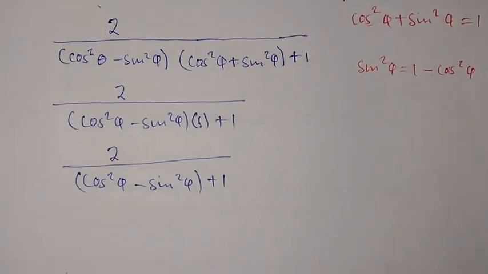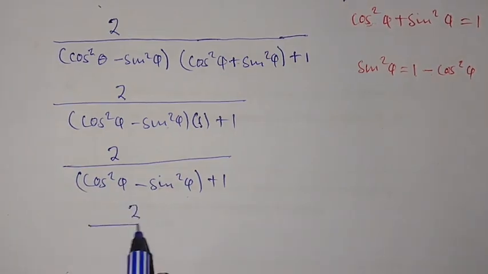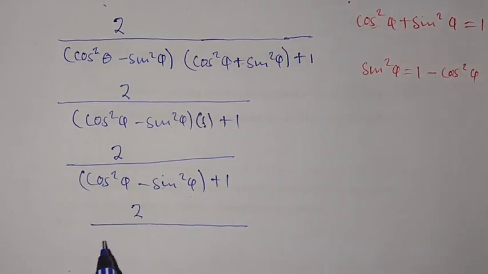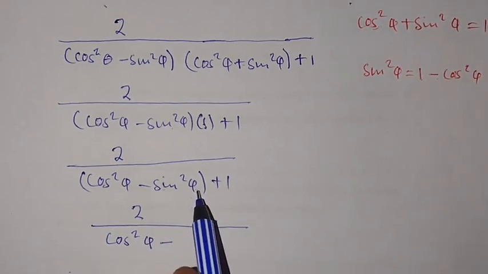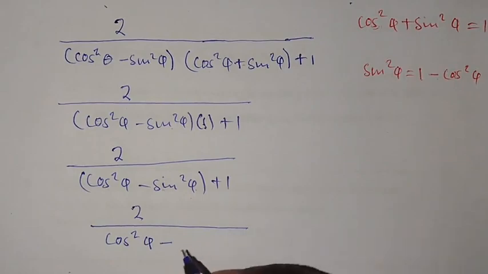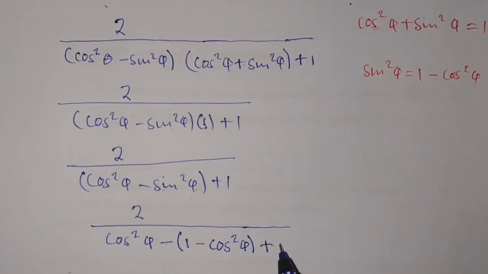So let's do it. We have 2 over cos squared theta minus, where there is sine squared theta, we'll put 1 minus cos squared theta. We need to put it in brackets because of the minus. So 1 minus cos squared theta, then plus 1.